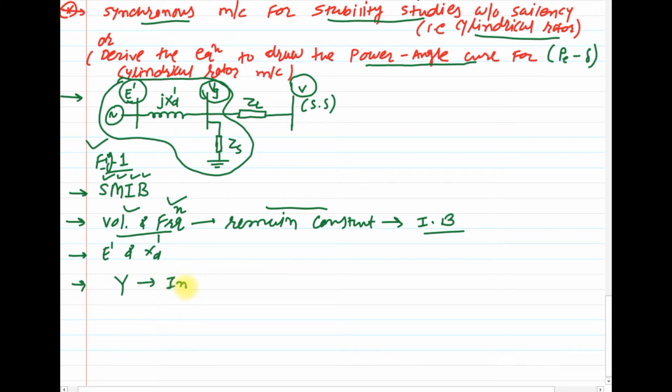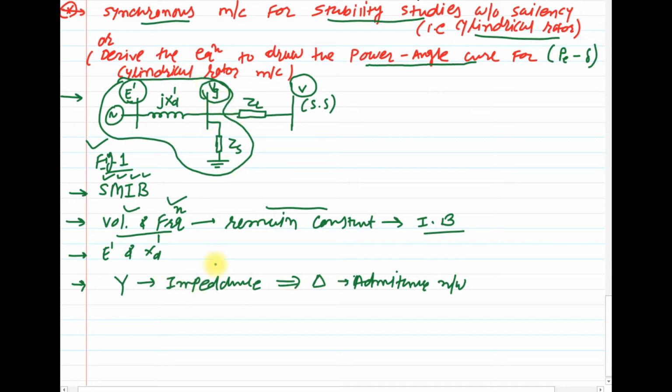impedance network into the equivalent delta connected admittance network. Clear? Again, why do we need to convert the star into the delta?